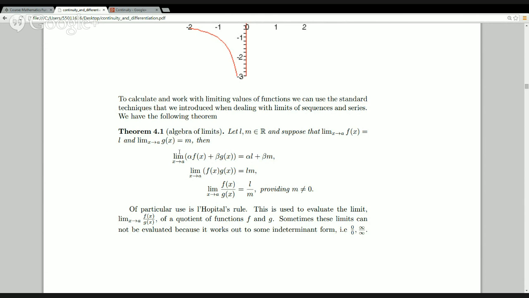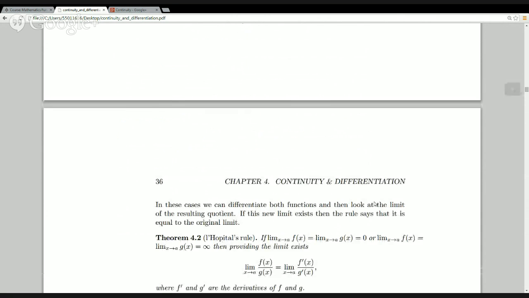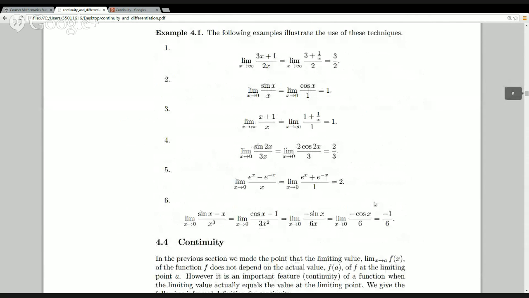It's saying that the two mesh together very well, the limiting operator and the arithmetic operations we can do with functions. And they're the kind of results we can use to figure out limiting values of more complicated functions in terms of the limiting values of the simpler components of the functions.